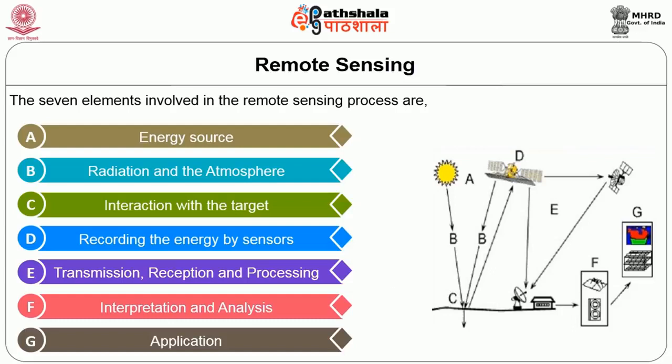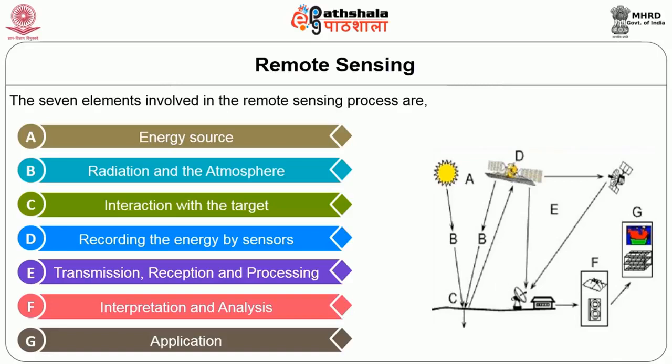What is radiation? The energy of the sun penetrates through the atmosphere, and once it does, it has to hit an object present on earth. Every single tiny object on earth has a reflection property. Some will naturally reflect, or some will be induced to reflect.